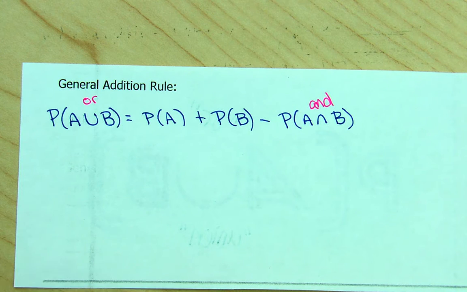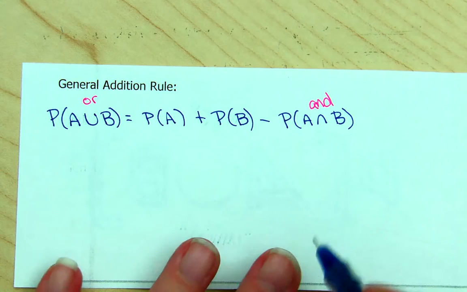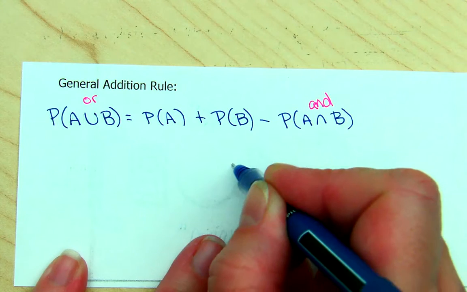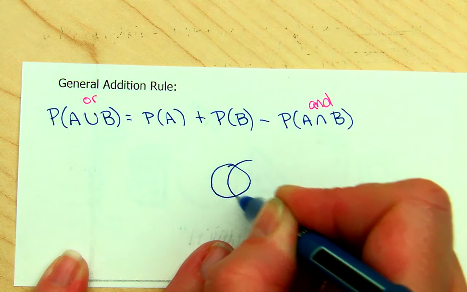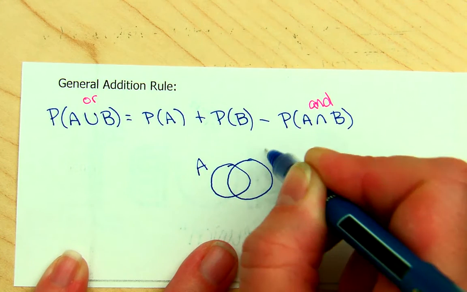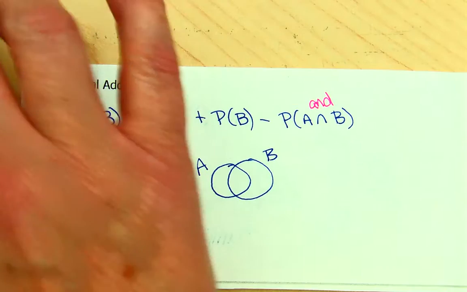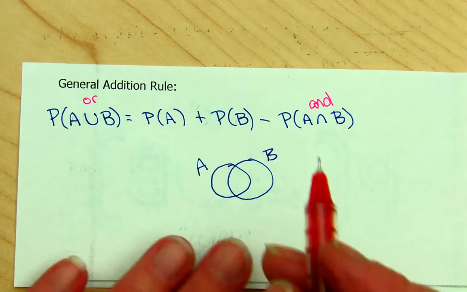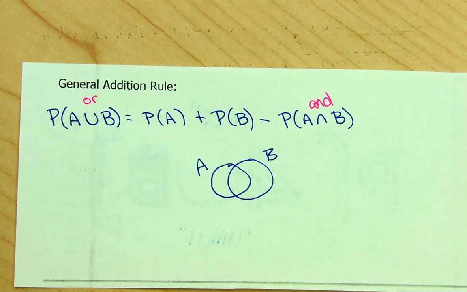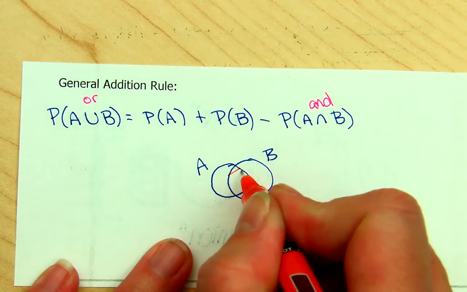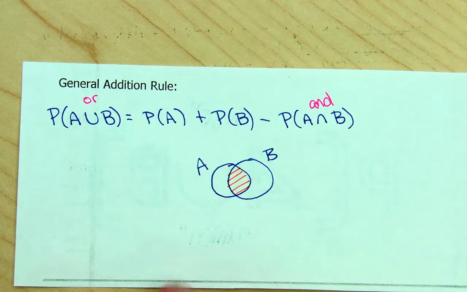If we're looking at what this would look like as a Venn diagram, here's A and B. And this part in here is our overlap.